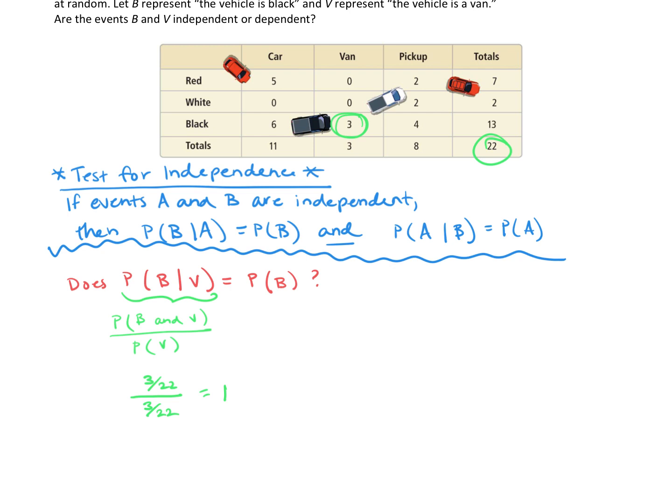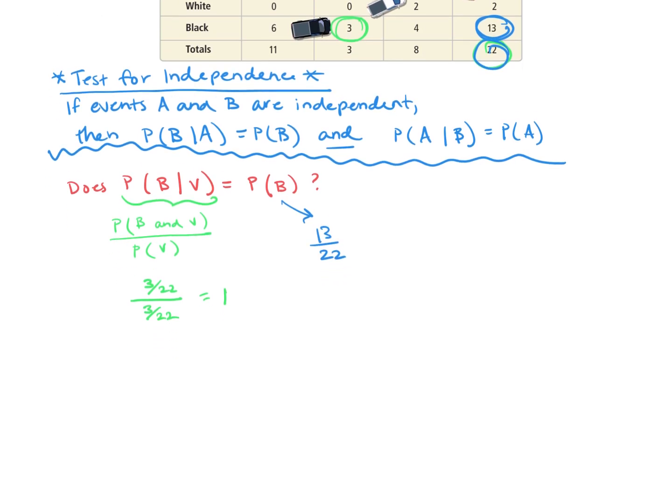But we're just going to follow our rule. Now, what's the probability of choosing a black vehicle? So how many black vehicles do we have? 13 total out of 22. And in our test for independence, the probability of B given A, which is 1, would have to be equal to the probability that B occurred, 13 over 22, and we can say that they are not equal to each other.